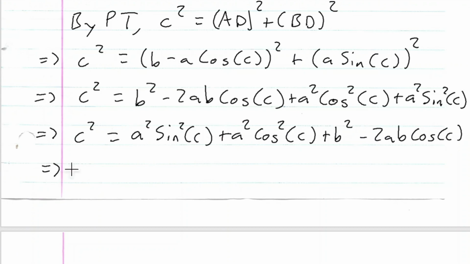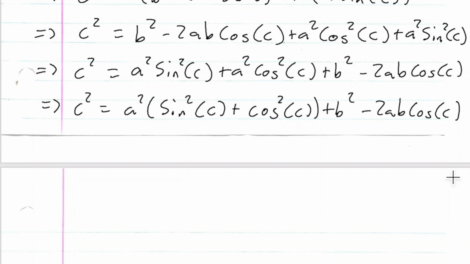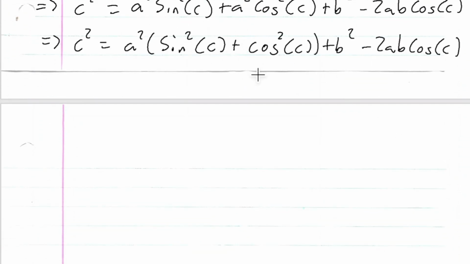And then this will give me c squared is equal to a squared times sine squared C plus cosine squared C, right, I factored out the a squared from both of those, plus b squared minus 2ab cosine of C. And then, to finish it off, I know this is just 1, of course, the sine squared C plus cosine squared C is 1.